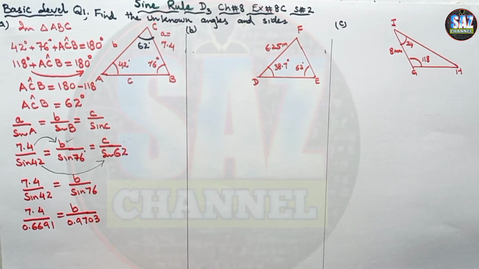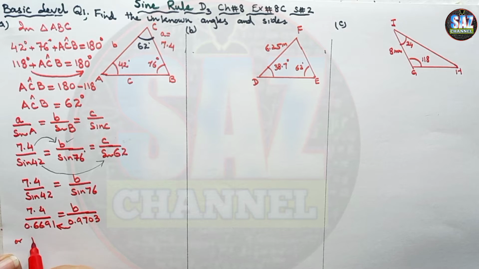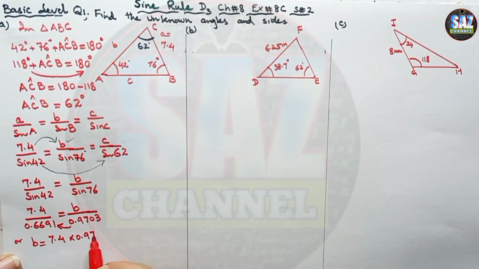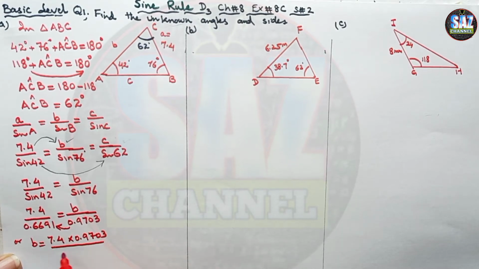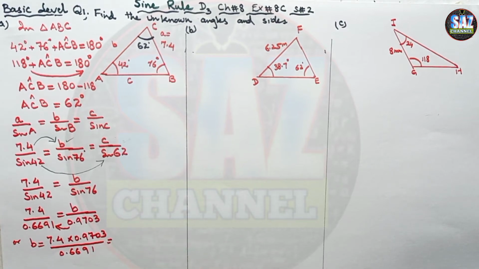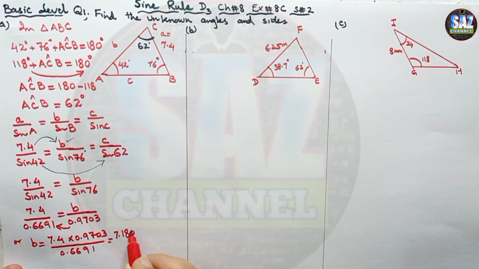Now I shift this 0.9703 to the other side, and the equation takes the form b equals 7.4 multiplied by 0.9703 upon 0.6691. 0.9703 multiplied by 7.4 gives me 7.18022 upon 0.6691.